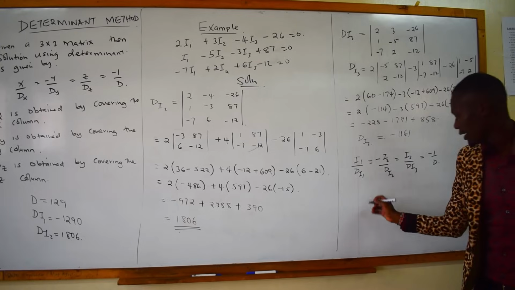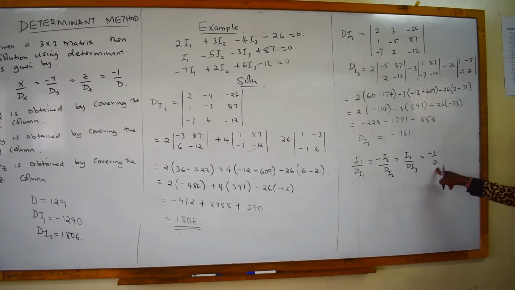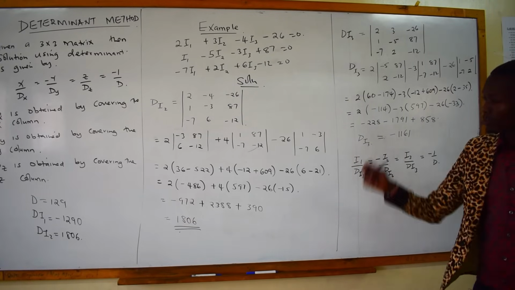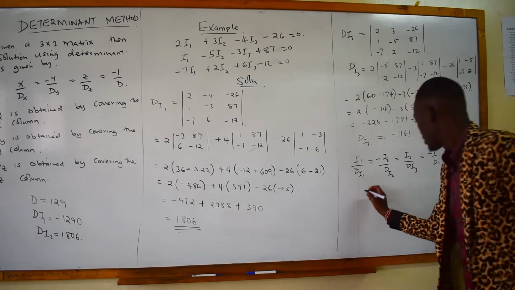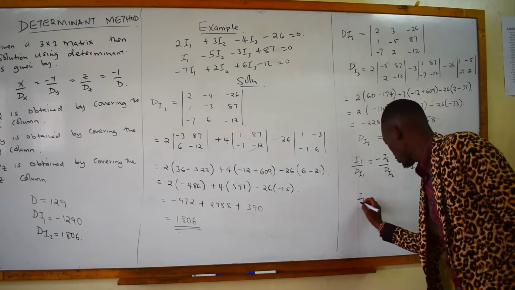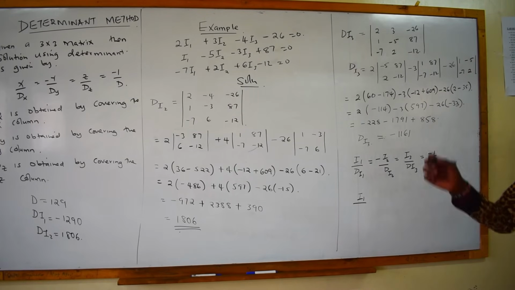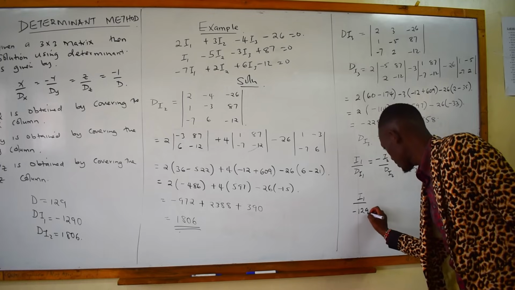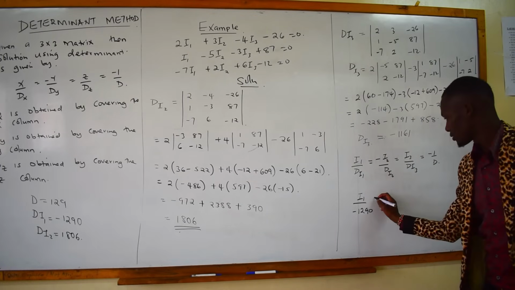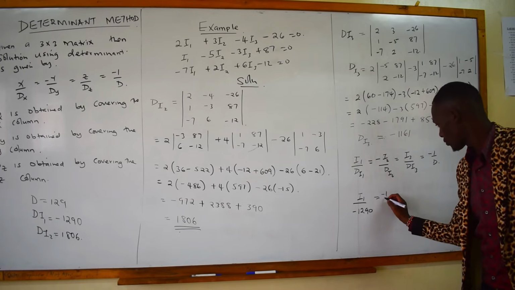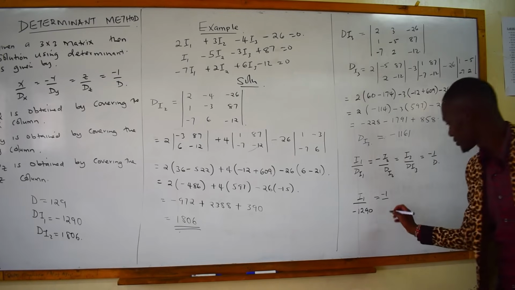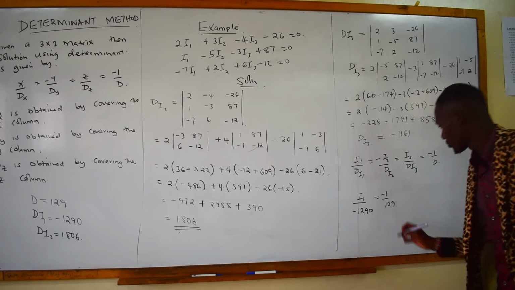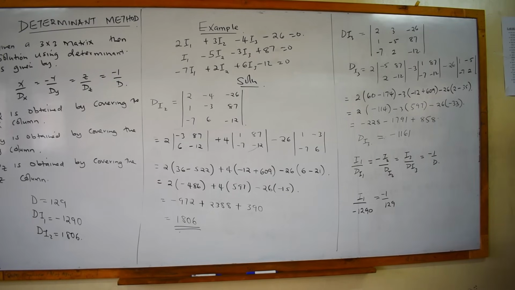So we know I1, so we take I1 with respect to our determinant here. So our I1 value over DI1, we have gotten it as negative of 1290, is equals to negative of 1 over our determinant, which was 129.